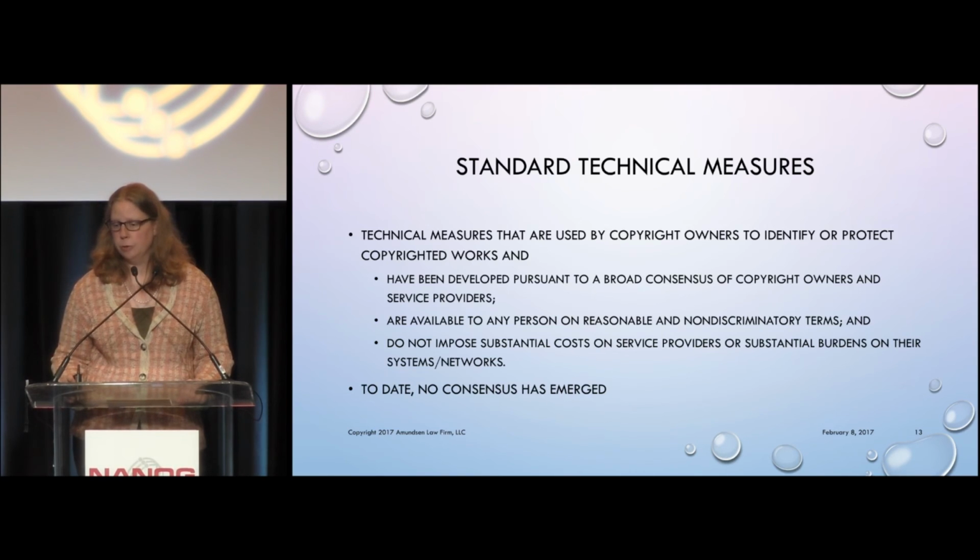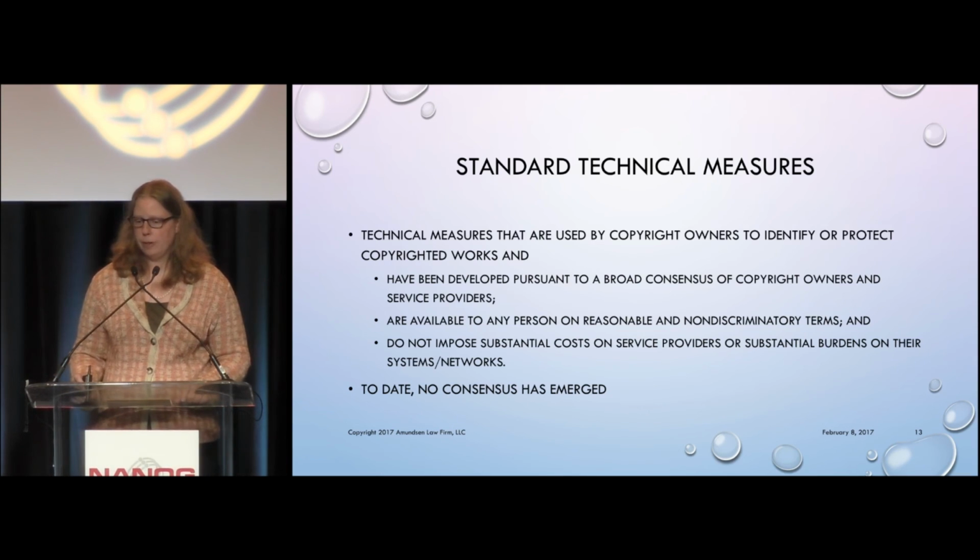Standard technical measures. So if you recall, one of the other criteria was not to circumvent standard technical measures used by copyright owners to identify or protect copyrighted works. And the criteria are listed here. These are measures that have been developed pursuant to a broad consensus of copyright owners and service providers, and things that are available to any person on reasonable and non-discriminatory terms, and don't impose substantial costs on service providers or networks.